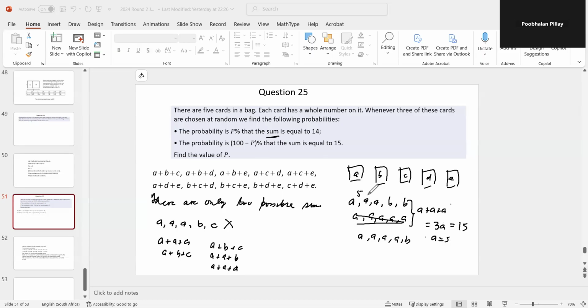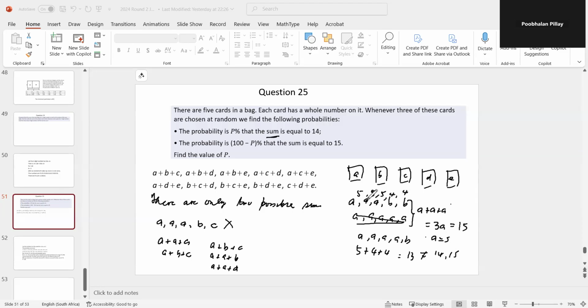So you got 5, 5, 5, and the sum is 14. So 5 plus 5 is 10. So the next one, B, will have to be 4. Right. So if A is 5, then B will have to be 4 to get the sums 15 and 14. But notice that in this scenario, I've got the sum 5 plus 4 plus 4, which is different from the two sums that we have.